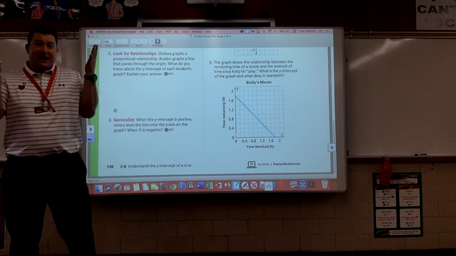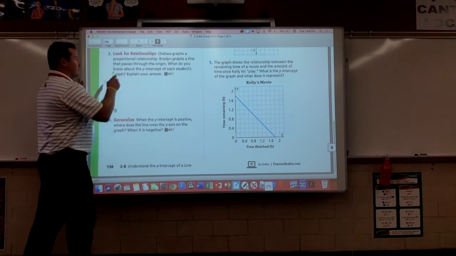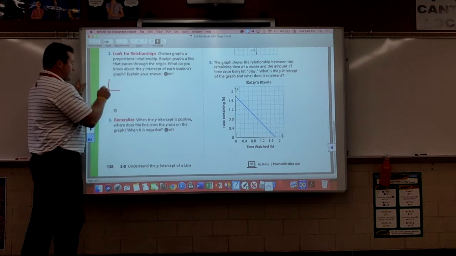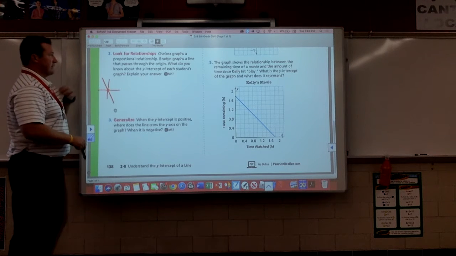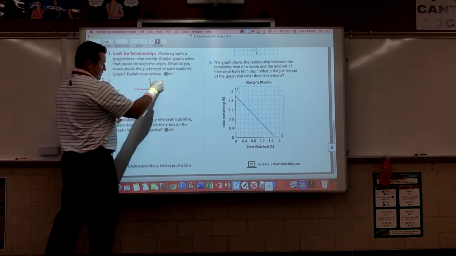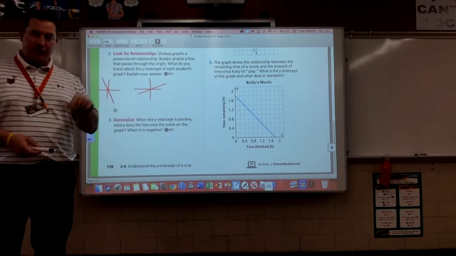If you're not sure, guys, literally draw a graph to represent Chelsea. She makes a proportional relationship. I know that goes through the origin and is a straight line. Braden graphs a line that passes through the origin. What do you know about the y-intercept of those two graphs?